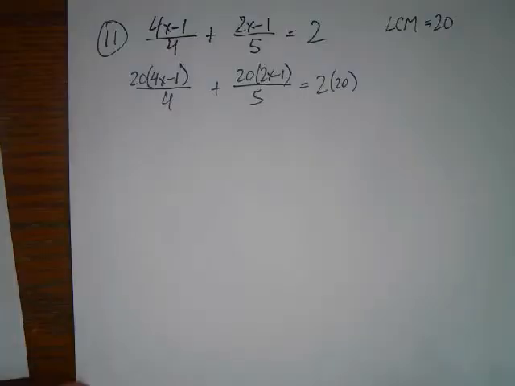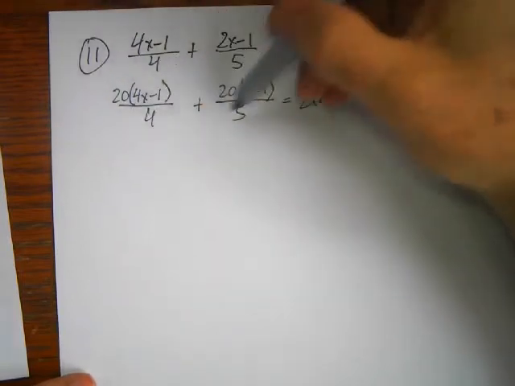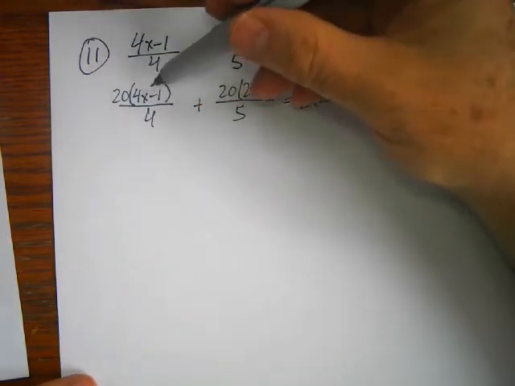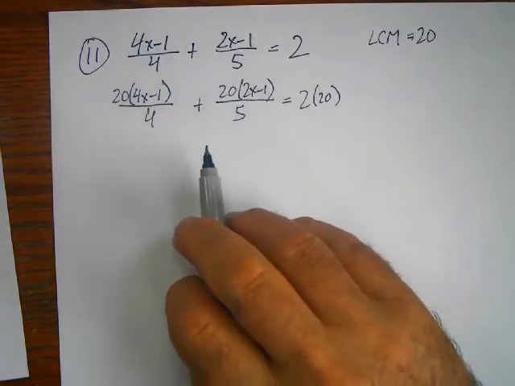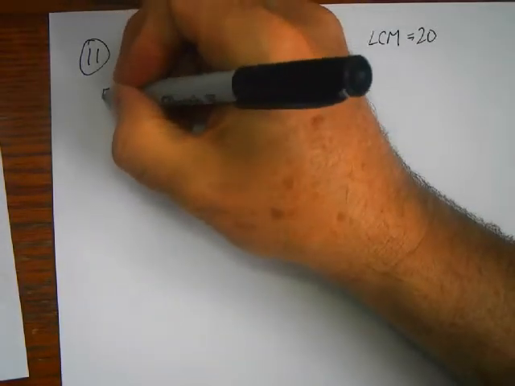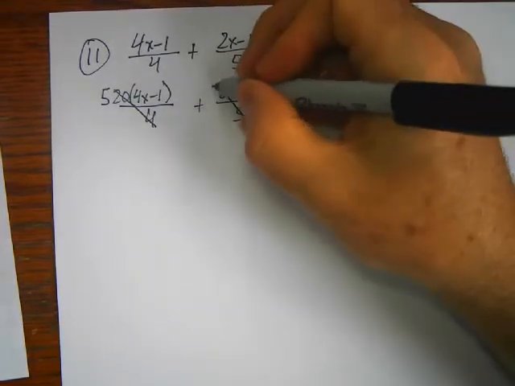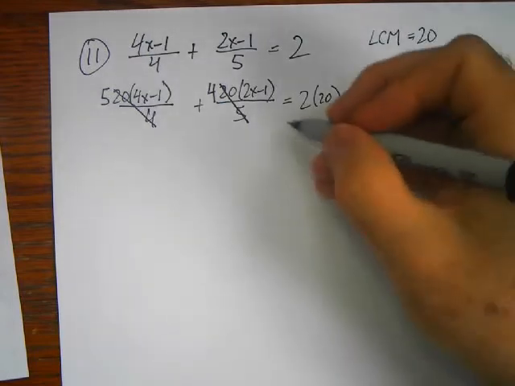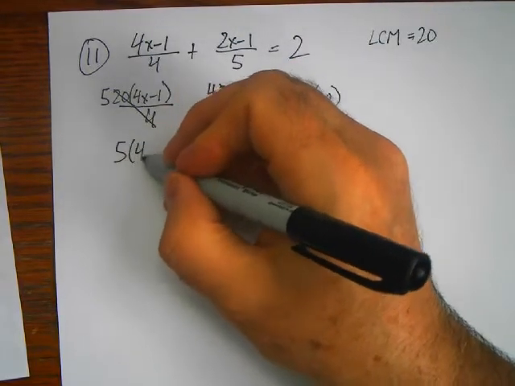I still haven't got rid of the fraction, so I'm not going to expand it or get rid of the brackets yet, but I can see that 20 divided by 4 is really 5. So that gets replaced with a 5, and 20 divided by 5 is really a 4. Okay, so that's going to allow me to write the next step.